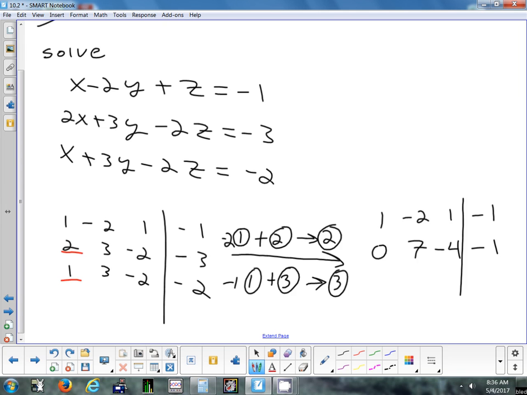All right, so -1 times the first row. What's 1 times -1 plus 1? 0. -2 times -1 plus 3? 5. I lost my spot. Whoops, I'm sorry, 1 times -1 minus 2. -3.